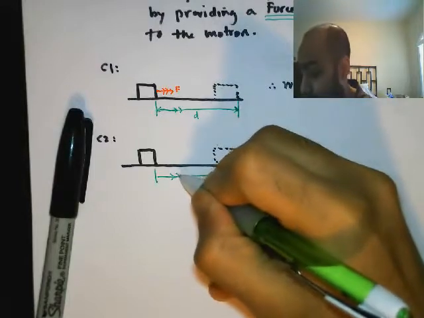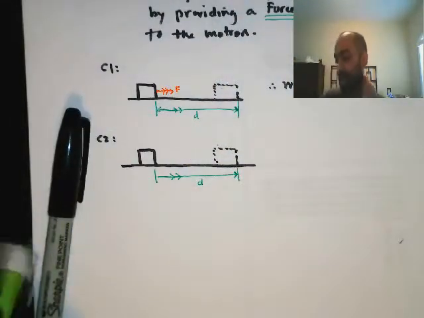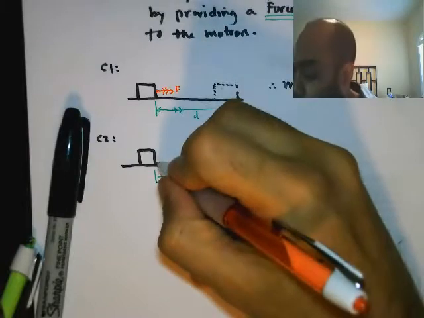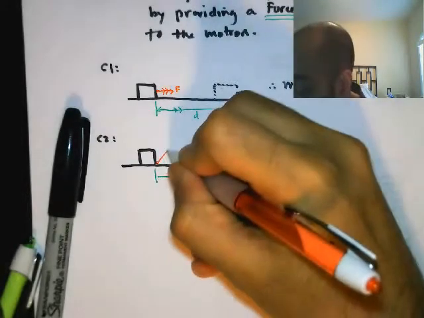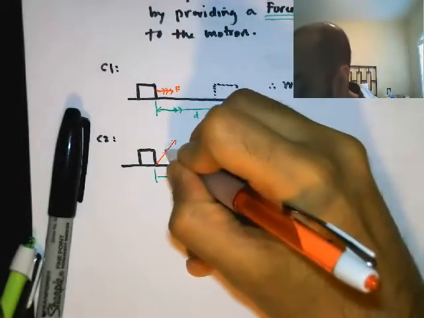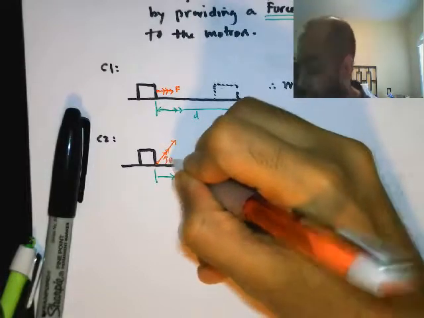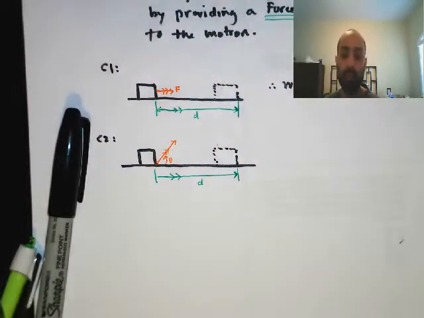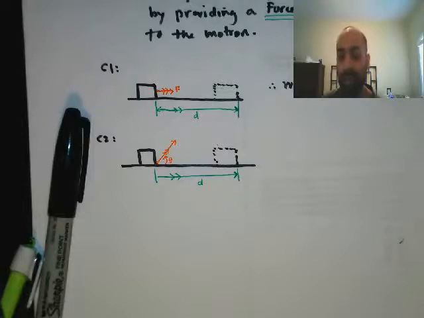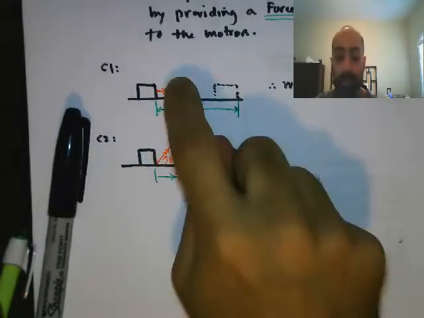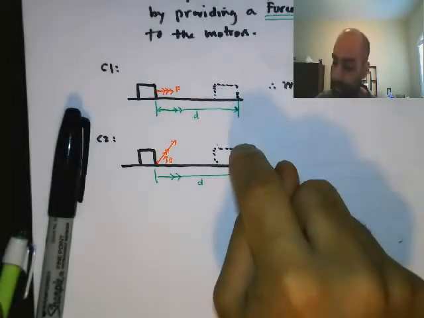And again, this object is moving to the right. But this time, we do so by providing a force at an angle. Call that angle theta. So think about like a wagon. You have a wagon, and you pull on it with a handle that's angled a little bit. The object does not necessarily move up. It still moves to the right.